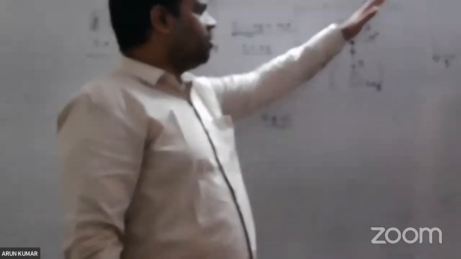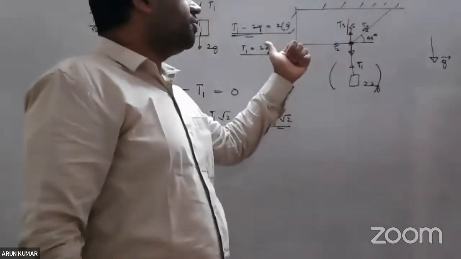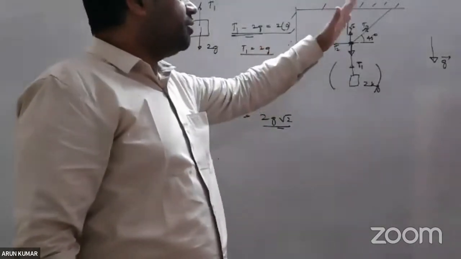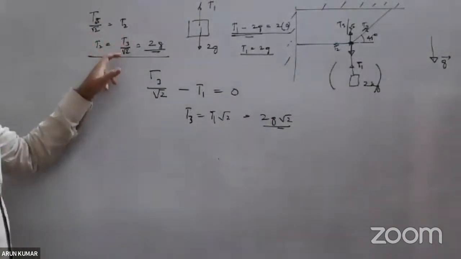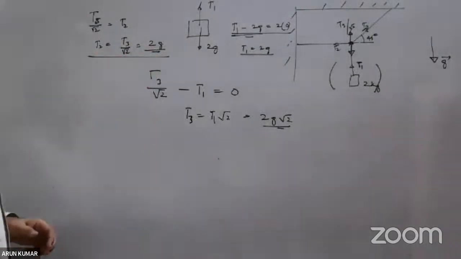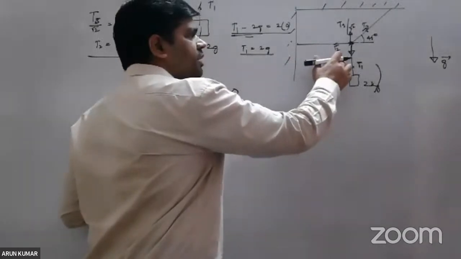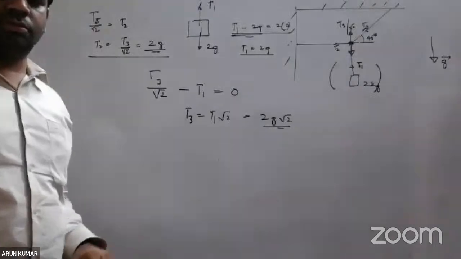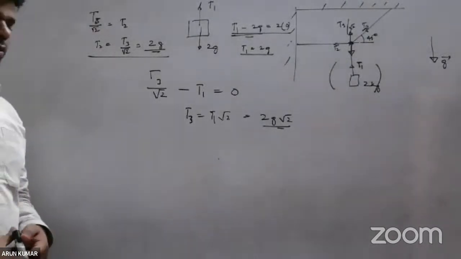For T2, I'll take component of T3, T3 cos 45 should be equal to T2. So T2 is equal to T3 by root 2, which is 2G root 2 by root 2, 2G. So T1 is 2G Newton, T2 is 2G Newton, and T3 is 2G root 2 Newton. Alright? Yes, sir. Okay.